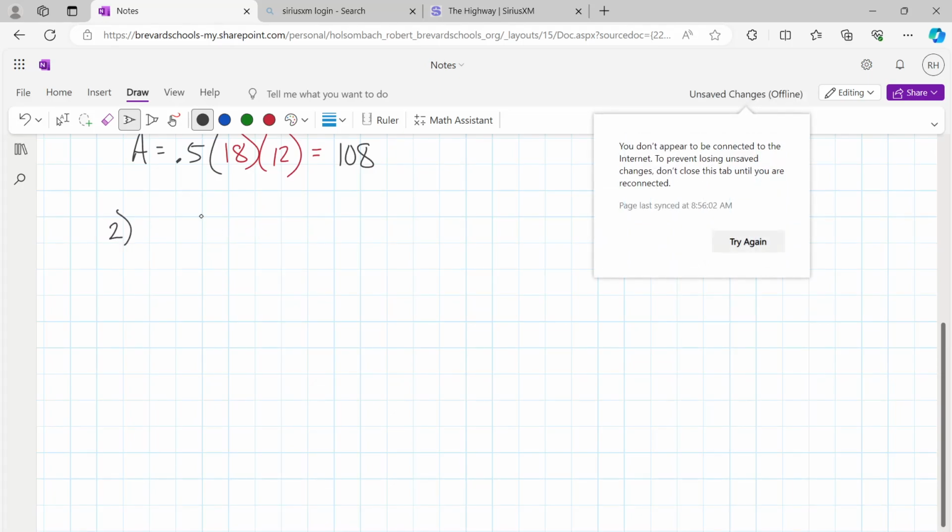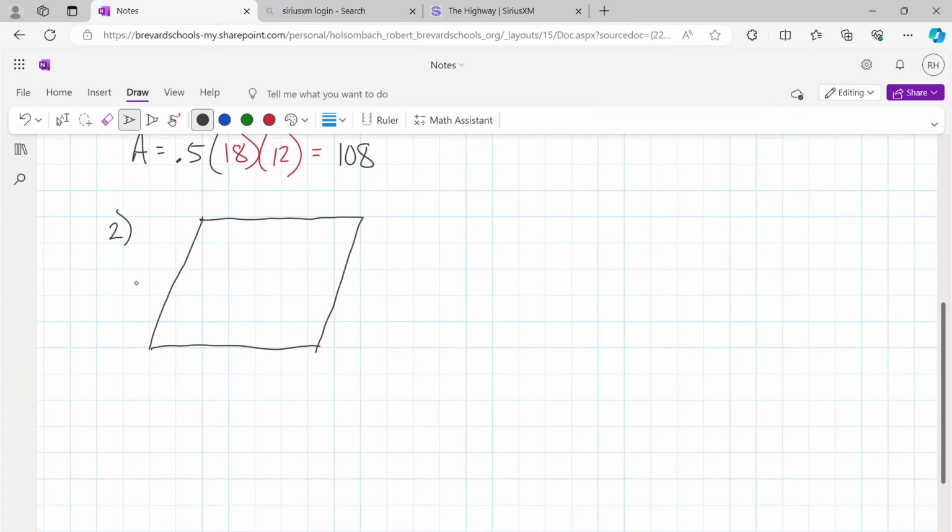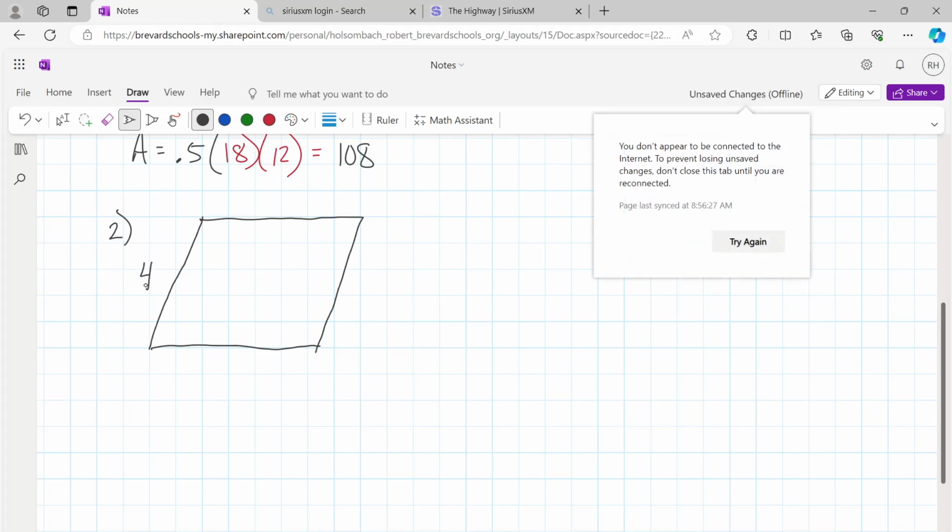Number 2, we've got a parallelogram. This left side is 4. This angle down in here is 60 degrees. This top piece is 5.5.